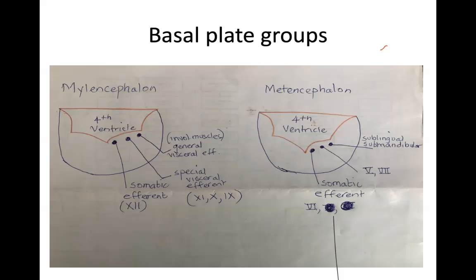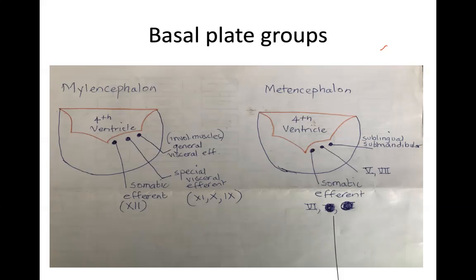In the special visceral efferent, it's going to be the 11, 10, and 9 nerve, which means vagus, glossopharyngeal, and 11, I think, is accessory. And these will supply the structures of the pharyngeal arches.